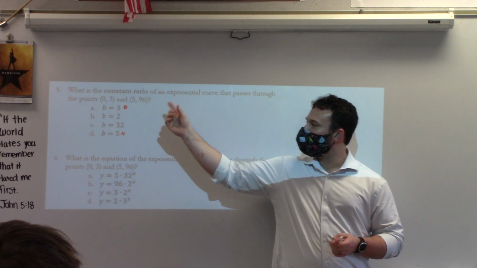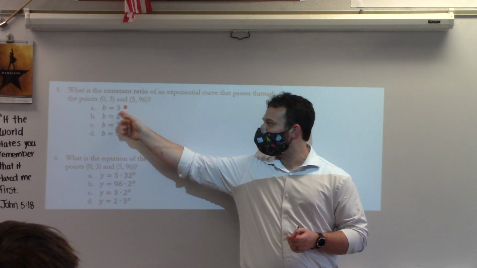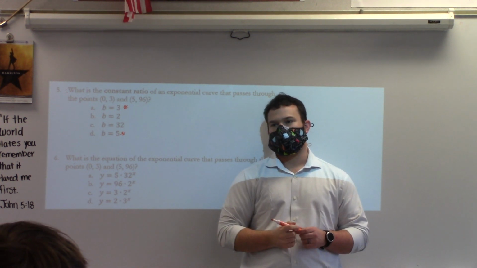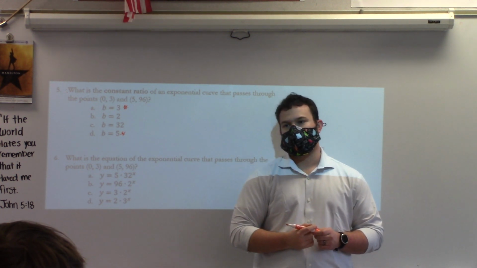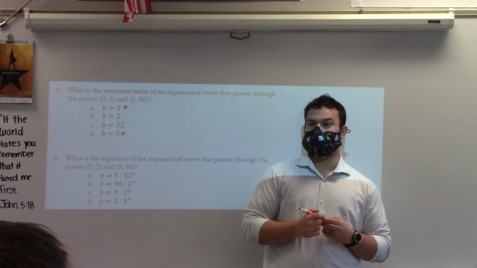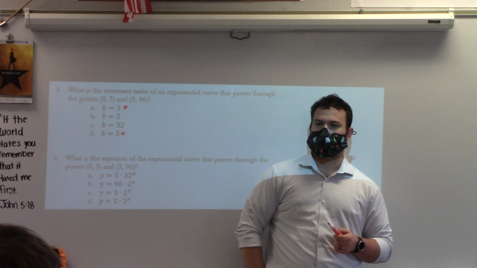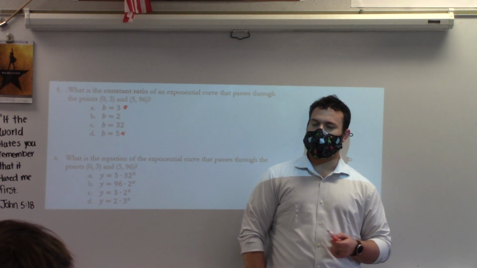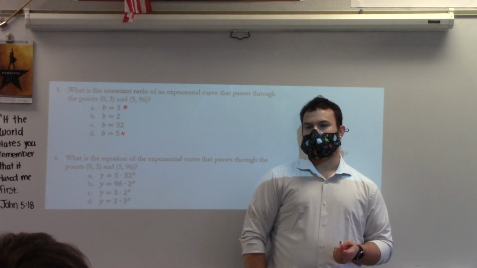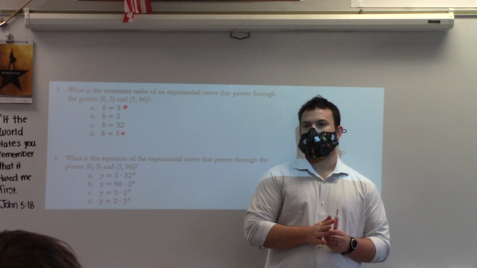I want you to think about this. If you're saying that 3 is the constant ratio, well, first off, why'd you pick 3? Sounded smart. Man, I can pick numbers too. 82, that sounds real smart. No, there has to be a reason. I'm just saying the 3 was the y-intercept and I picked it.